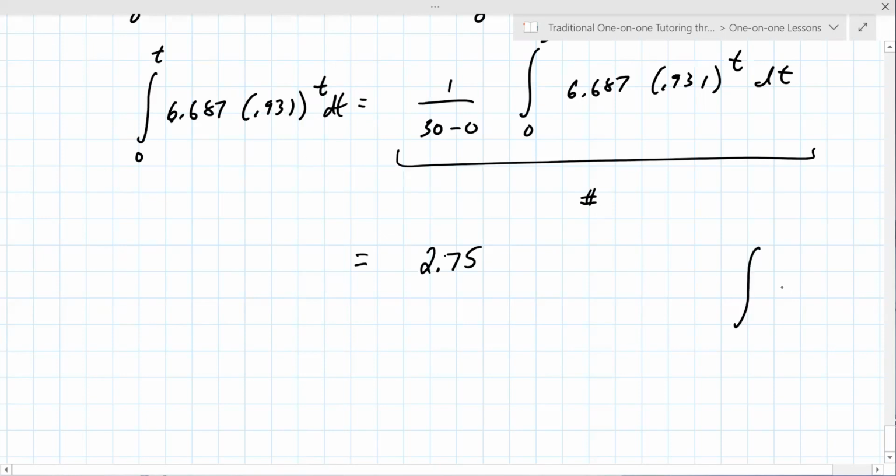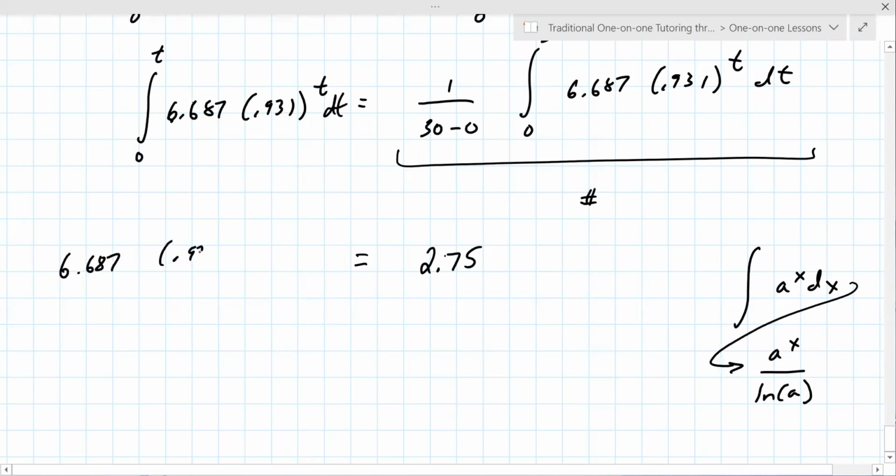You probably know the integral of a to the x dx is a to the x over the natural log of a. This is one of those known integrals. So in your problem, the 6.687 comes out. You treat it kind of like an e: the integral of e to the x is e to the x, but then you divide by the natural log of 0.931, and then you evaluate it from 0 to t.